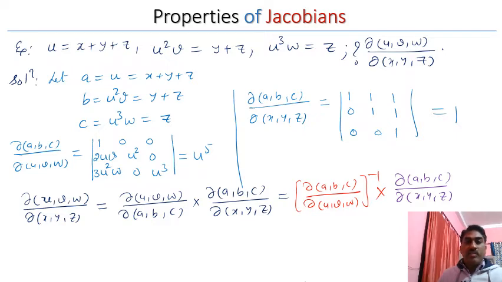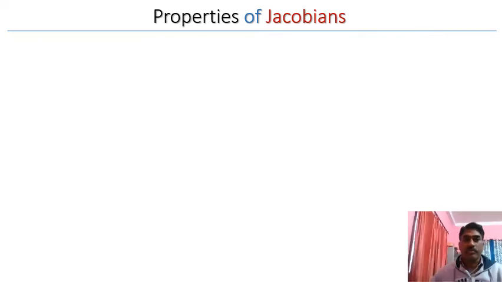This is u to the power 5. So this is equal to finally u to the power 5, inverse, that is minus 1, into the value of the second one, which is 1. So finally we have u to the power minus 5. This is the Jacobian that we calculated with the help of chain rule.